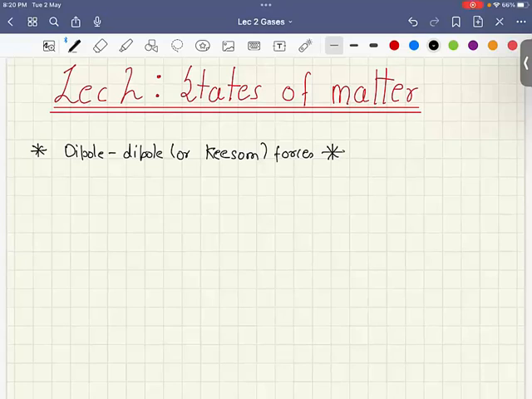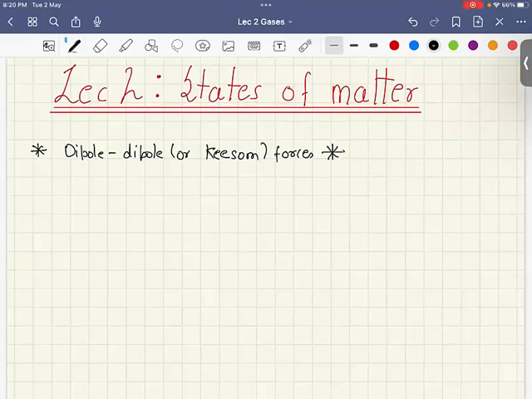A polar molecule has separate centers of positive and negative charges, and the ends of the dipole possess partial charges. These are denoted by the Greek letter delta. The partial charges are always less than the unit electronic charge, that is 1.6 × 10^-19 coulomb. These forces arise due to the interaction between oppositely charged ends of polar molecules.